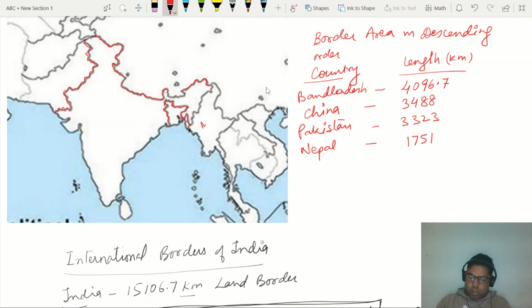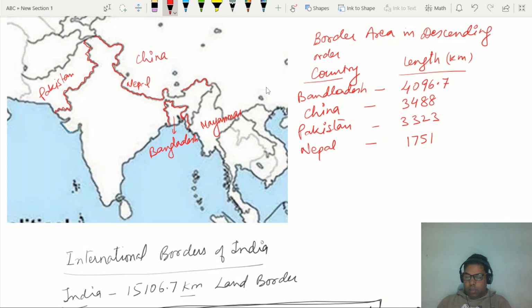After Nepal, we have the border with Myanmar. This is Myanmar. Okay, I mark these countries. This is Nepal. This is Bangladesh. This is Pakistan. It is China. Right.